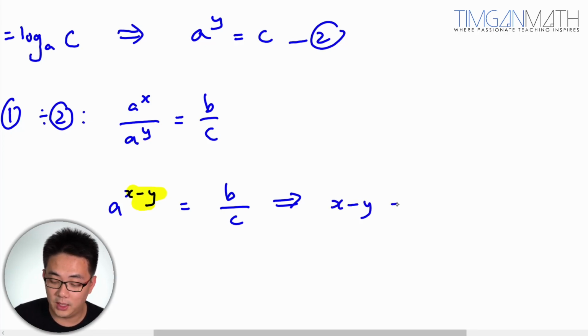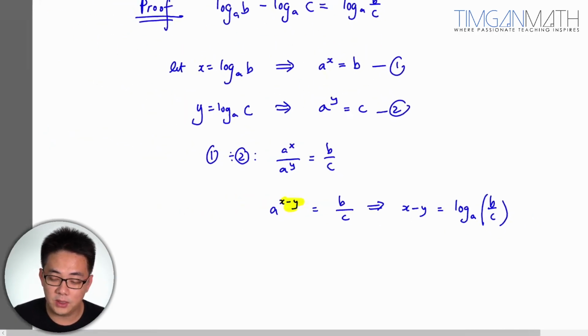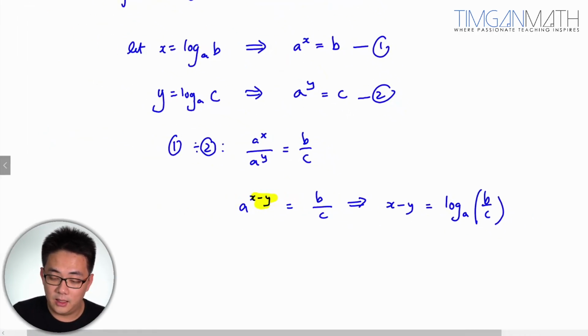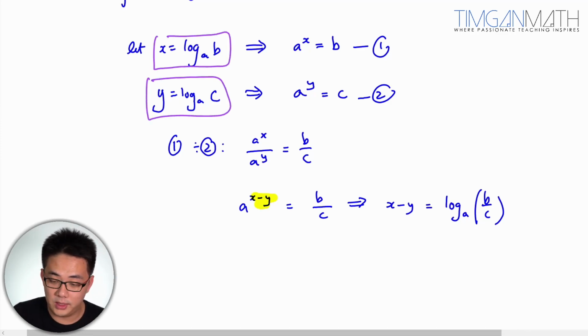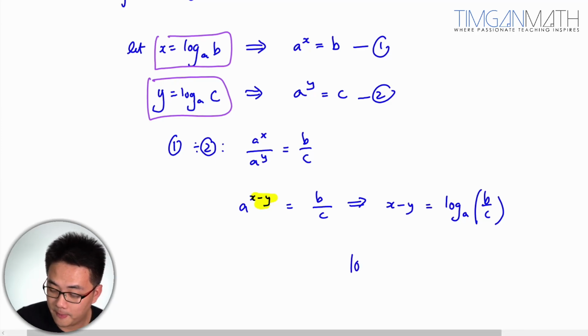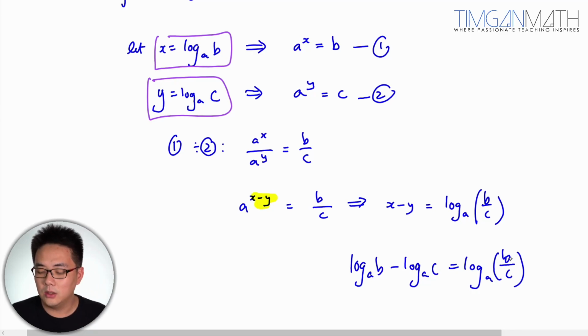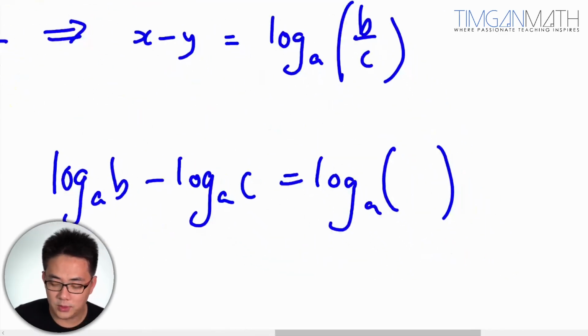So the power is the subject, and this would be log base a of b over c. Because x and y were formerly log base a of b and log base a of c, we're going to replace them back in, and this would just be log base a of b minus log base a of c equals log base a of b over c, right? So that's how we prove this expression here.